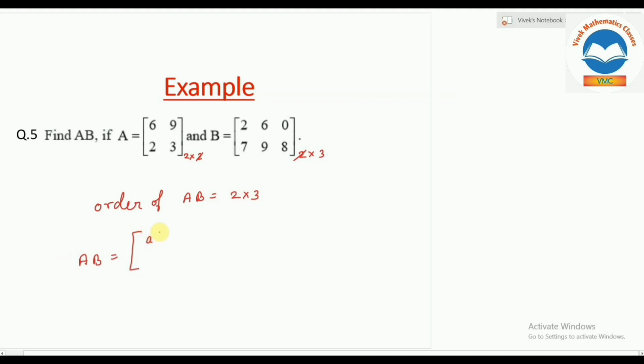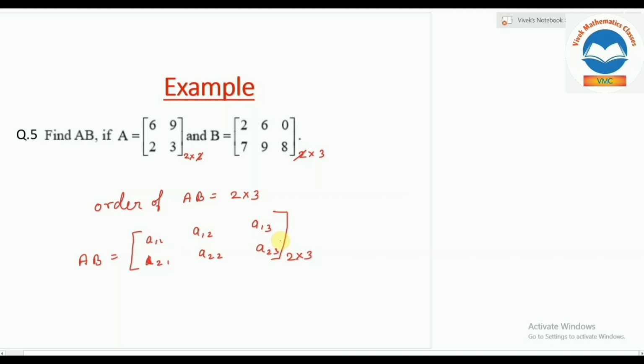The number of rows should be 2 and the number of columns should be 3. So you will get A11, A12, A13, and next A21, A22 and A23. This will be the format of the AB matrix.